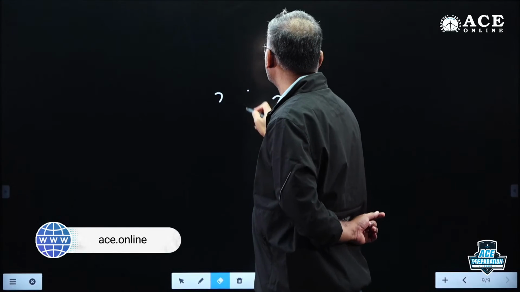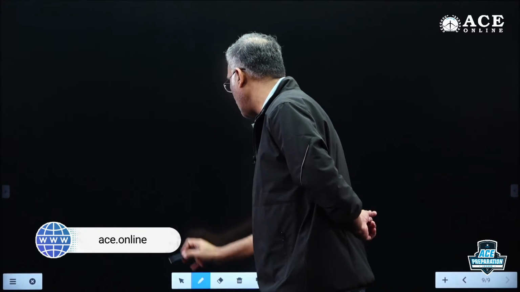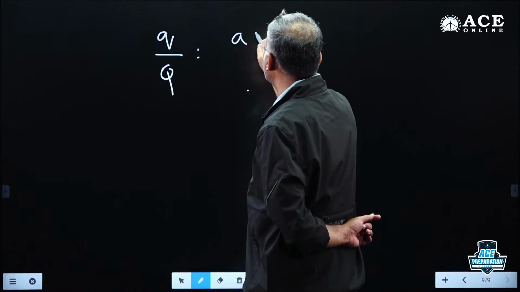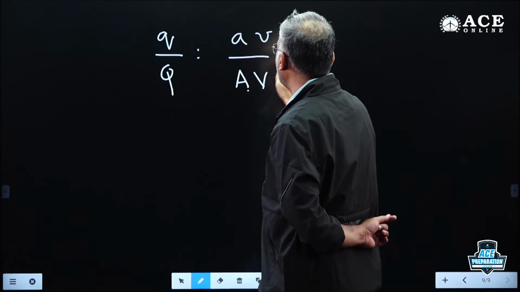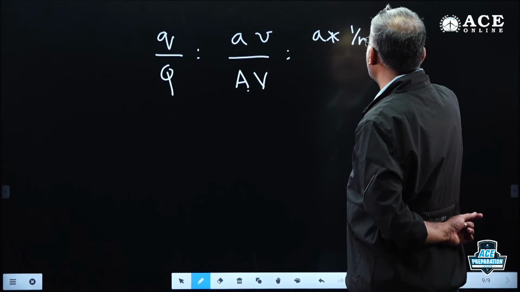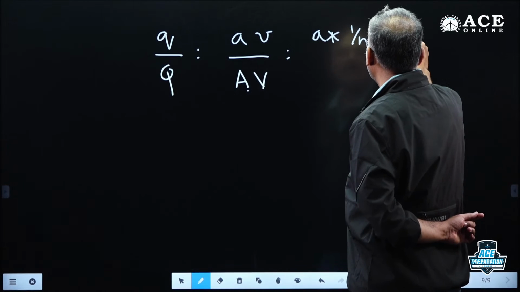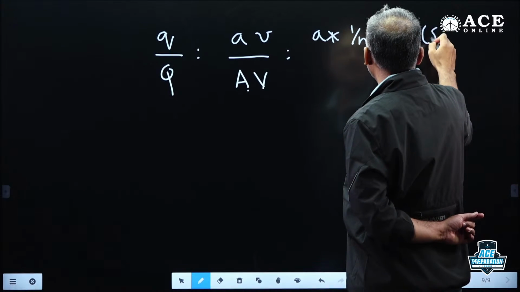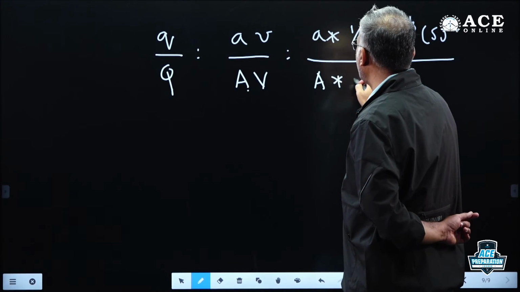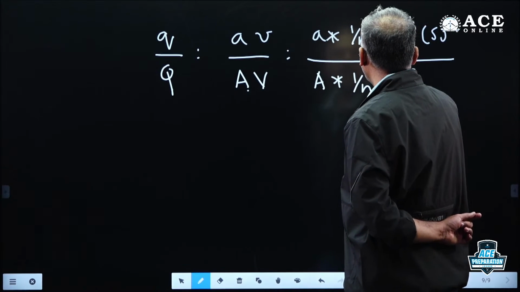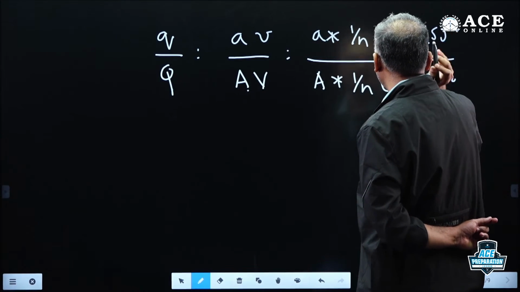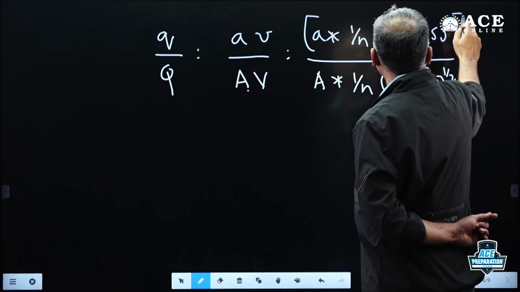Small q by capital Q is equal to small a into small v by capital A into capital V. Velocity of flow is 1 by n, R power 2 by 3, S power half for the partial flow condition. For full flow, capital A into 1 by n, R power 2 by 3, S power half. This R and this S are different: one is for partial flow, the other for full flow.